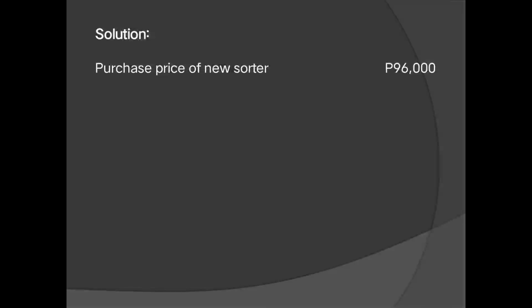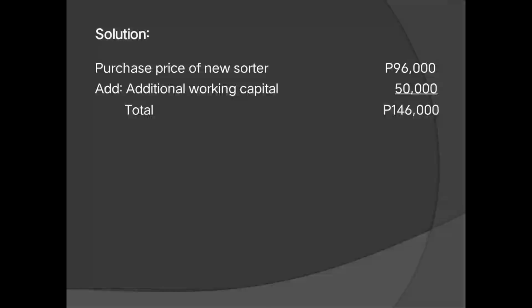Solution. Yung purchase price of the new sorter which is 96,000 na given naman. Then, i-add natin yung working capital na 50,000. So, itong dalawa na to, ito lang yung mga cash outflows dun sa given, with a total of 146,000.